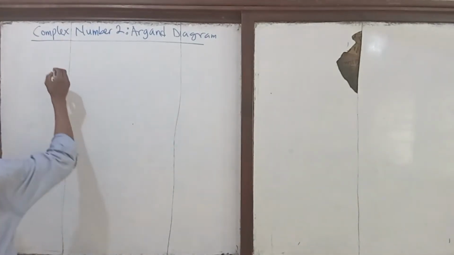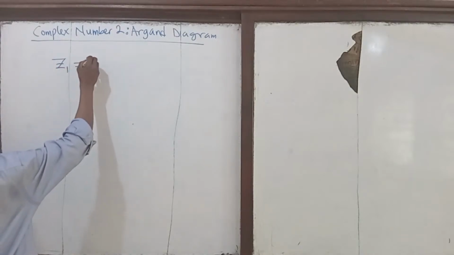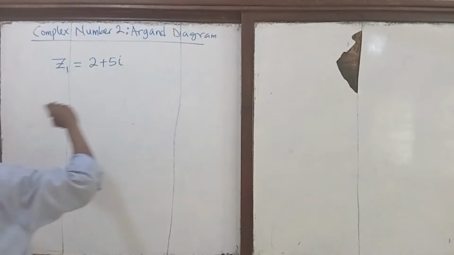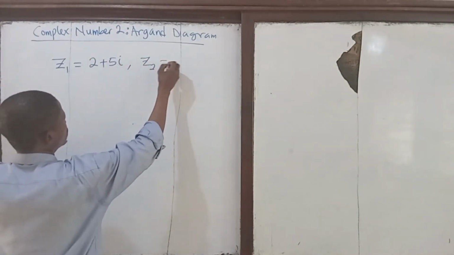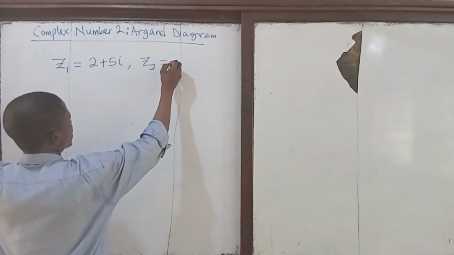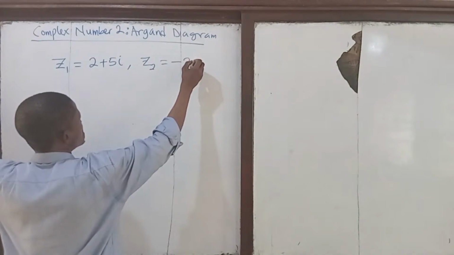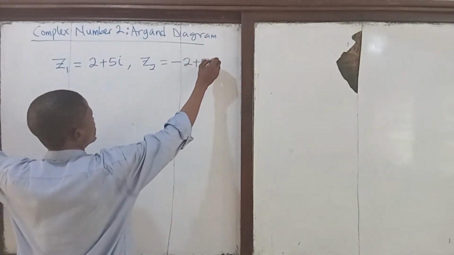Let's say you have complex number z1, possibly 2 plus 5i. You have another one, z2, equal to minus 2 plus 7i.